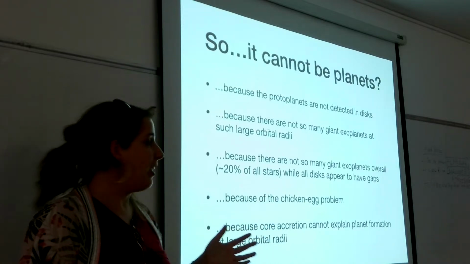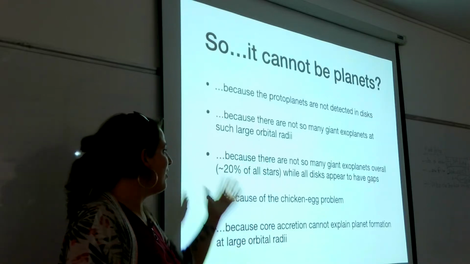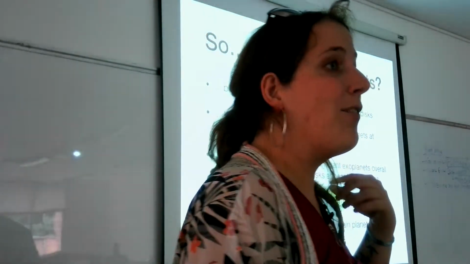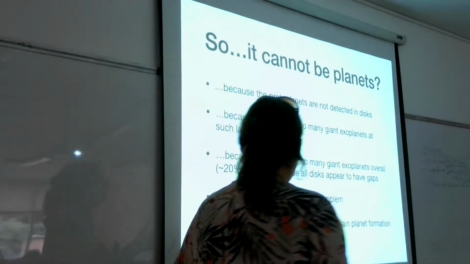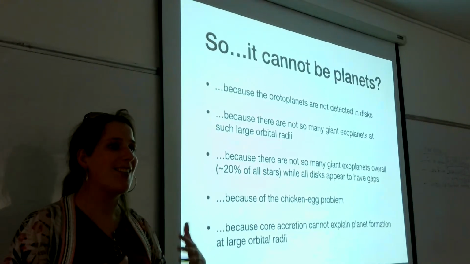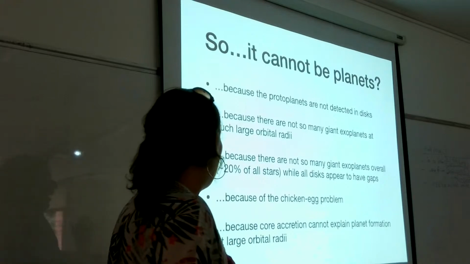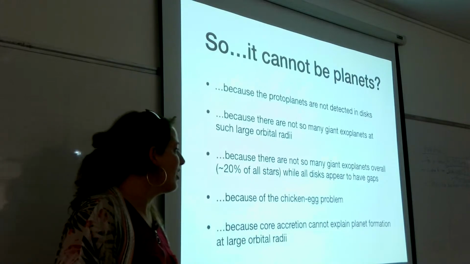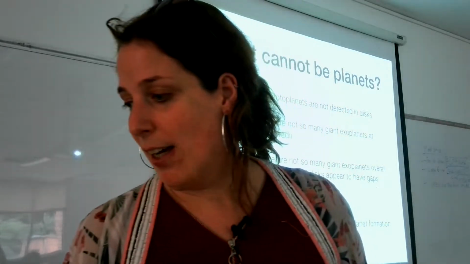About 20% of all stars have a giant exoplanet. And based on all these beautiful images, it seems like all the disks have gaps. Then because of the chicken-and-egg problem, you need pressure bumps to begin with to create dust concentrations to form planets. So how do we start? And then finally, core accretion, essentially the main planet formation mechanism, cannot explain planet formation at large orbital radii. At least that's what they've been saying.